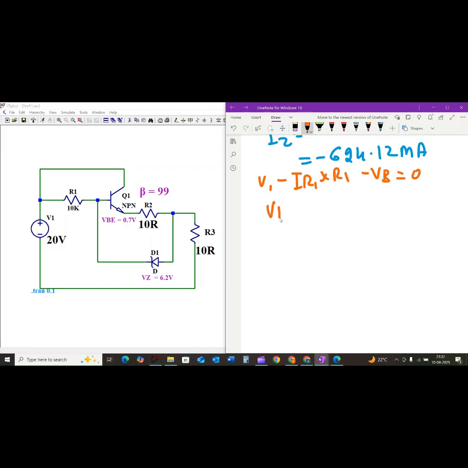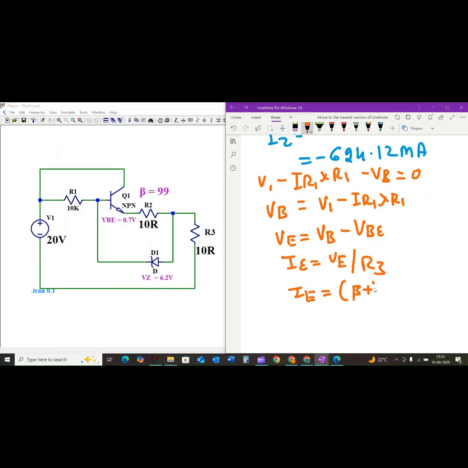So VB is equal to V1 minus IR1 into R1, and also VE is equal to VB minus VBE, and also IE is equal to VE divided by R3, and also IE is equal to beta plus 1 times IB, and again IB is equal to IR1, since IZ is equal to 0.